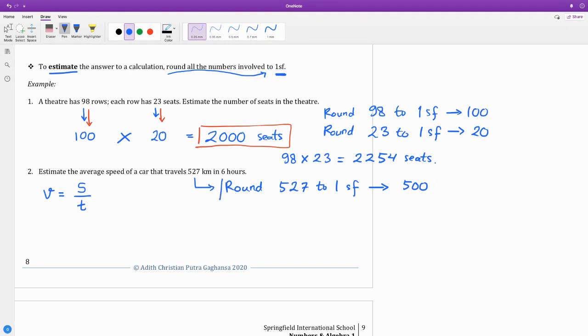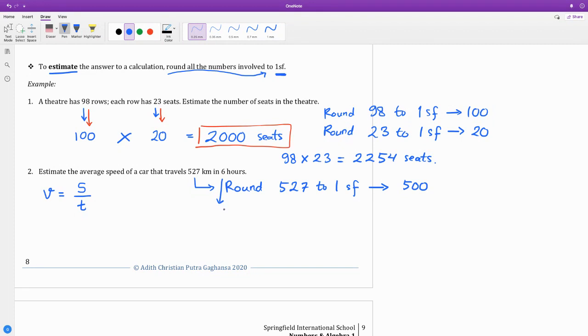And then 6 hours to one significant figure. It's already 6.